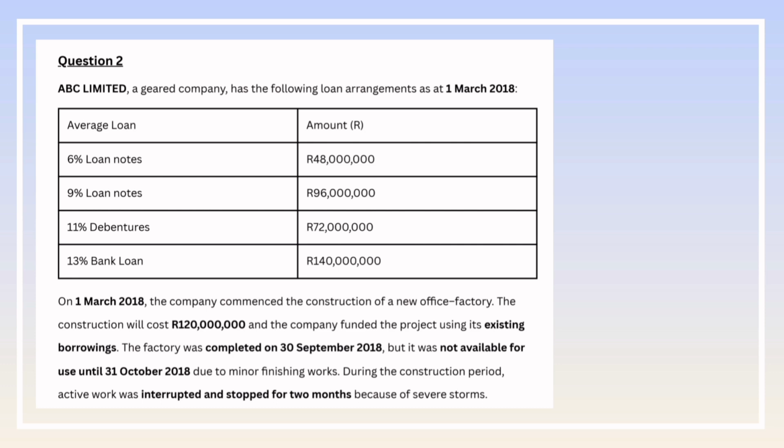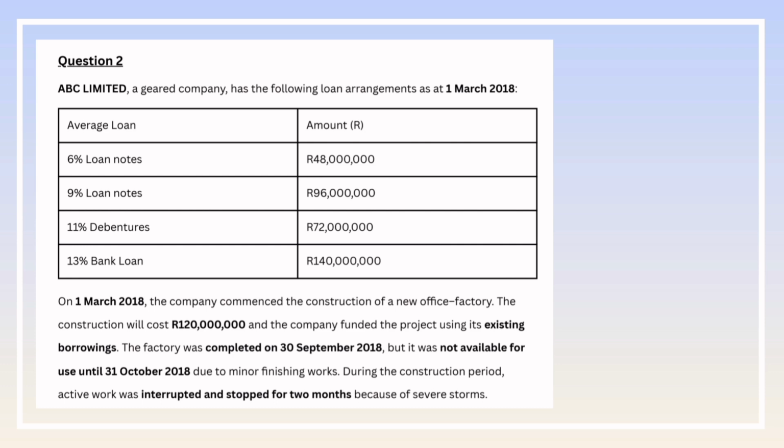On 1 March 2018, the company commenced the construction of a new office factory. The construction will cost 120 million and the company funded the project using its existing borrowings. The factory was completed on 30 September 2018, but it was not available for use until 31st October 2018 due to minor finishing work.